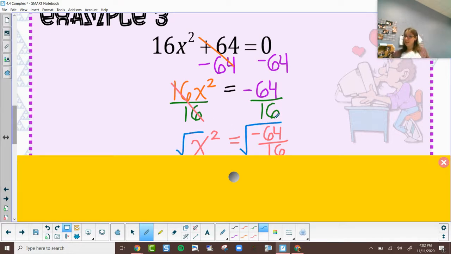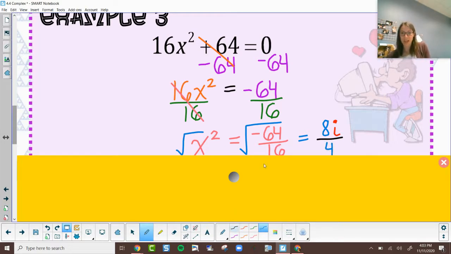I do see a negative underneath. I do have imaginary. So here's the good news. I'm going to take the i out because that's the imaginary part. Square root of 64. Well, that's the same thing as 8. And then I see square root of 16. Well, that happens to be 4.